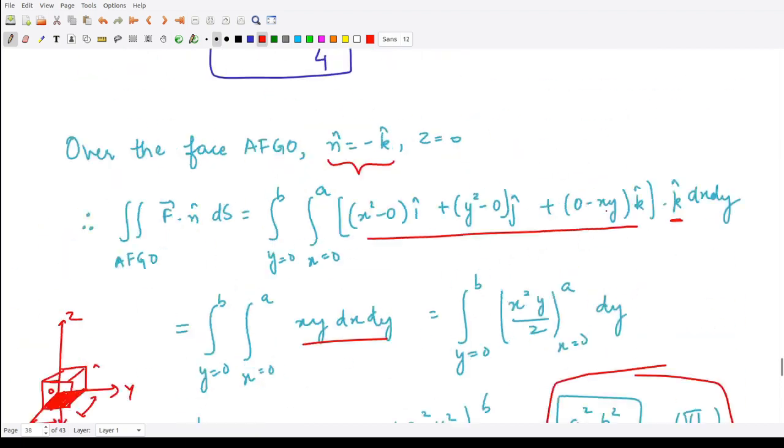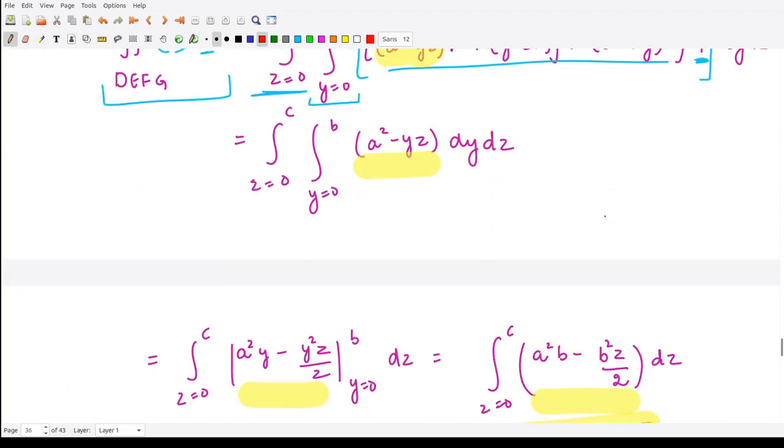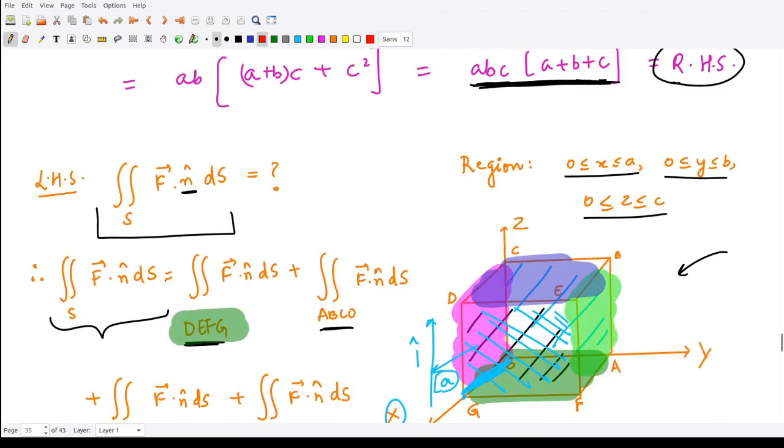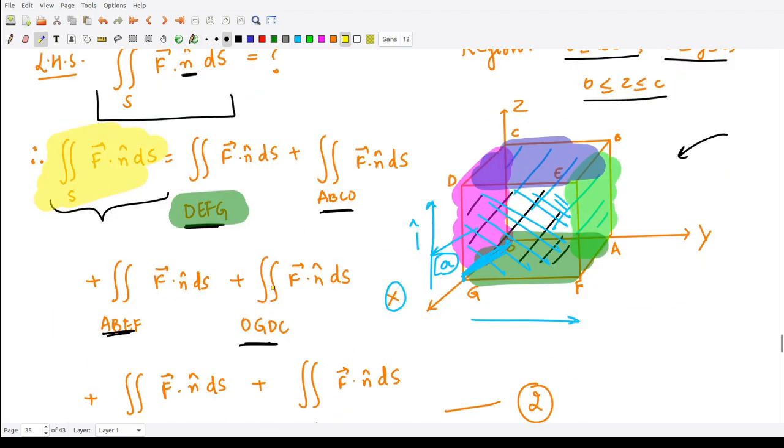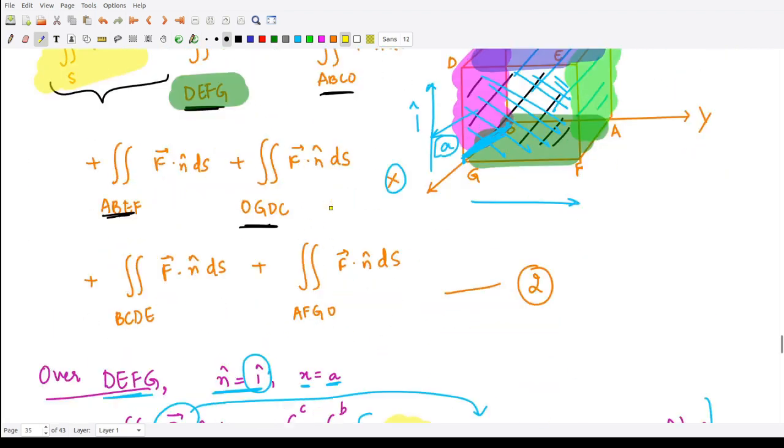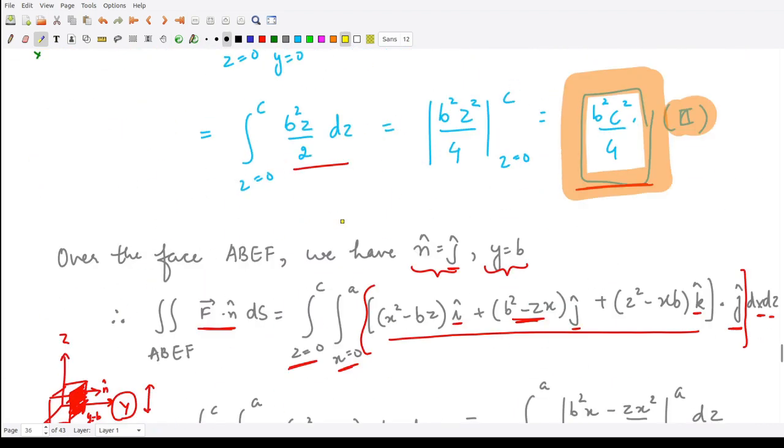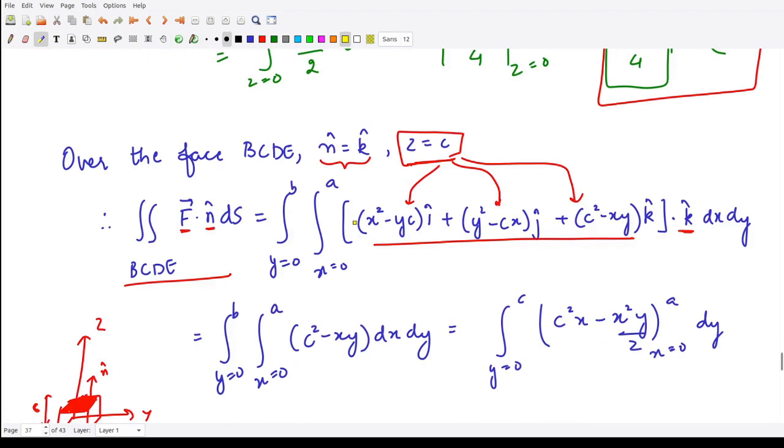So now we started with this quantity here. We wanted to calculate the surface integral, this one. For that we divided it into 6 portions, and we have individually calculated all these 6 portions. Let us substitute each of the values in this equation.